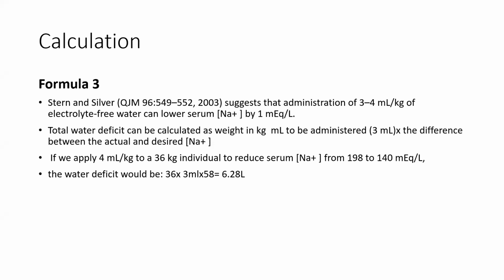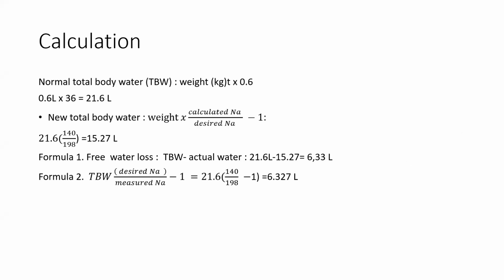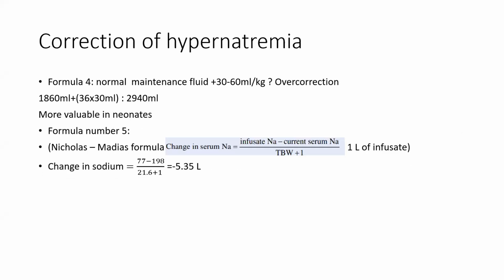So you see all those 3 formulas may give almost a similar amount of fluid. So this formula is the most commonly used in pediatrics, especially in neonatology. So we are using now the normal maintenance fluid plus between 30 and 60 mils per kilo. However, we found this formula is associated with overcorrection of the sodium.